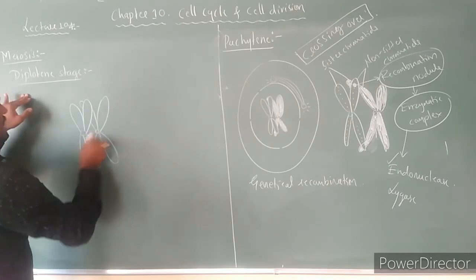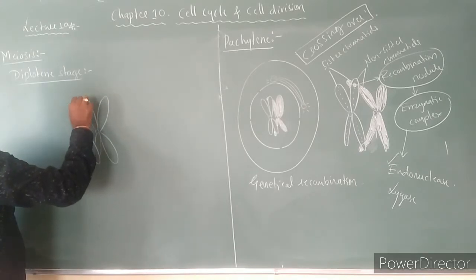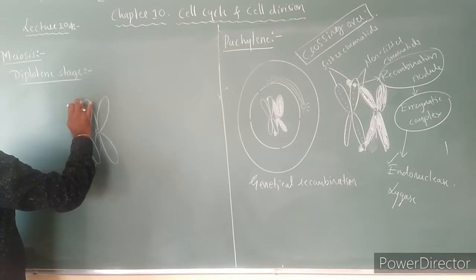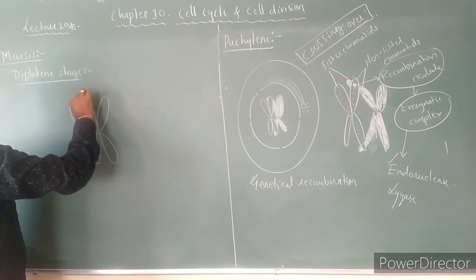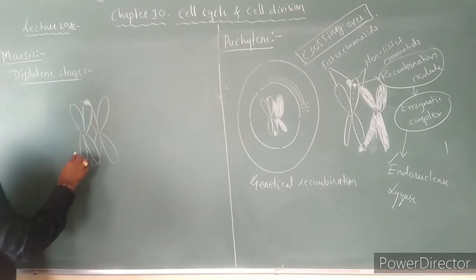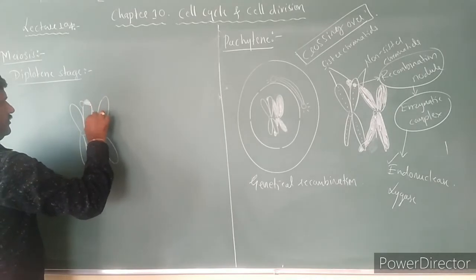Now the exchange of chromatids takes place over here. What happens? This is like this, and this one is like this. The shaded one comes over here, the unshaded one goes over here. So actually this is the shaded chromosome.